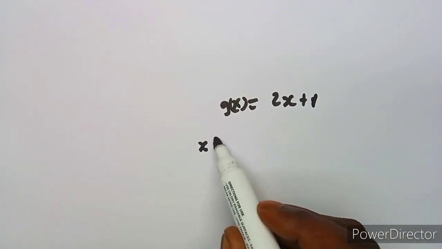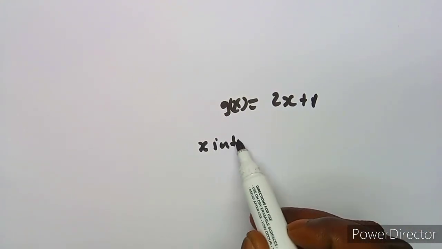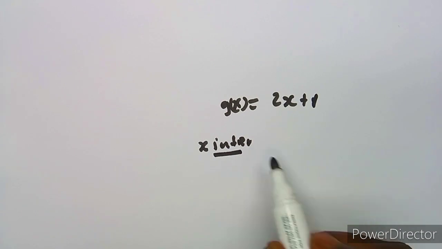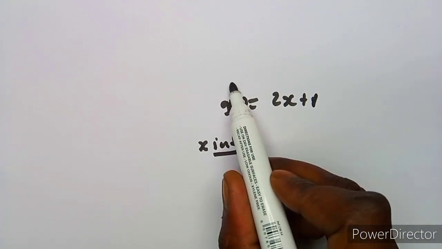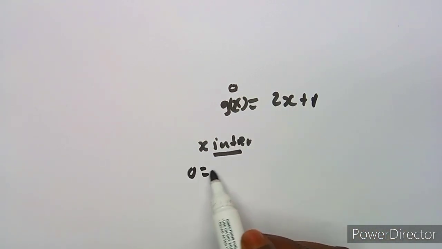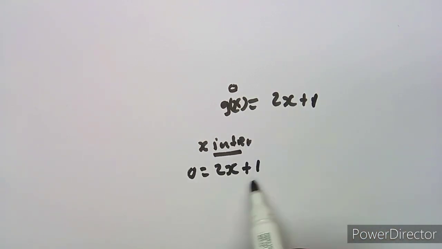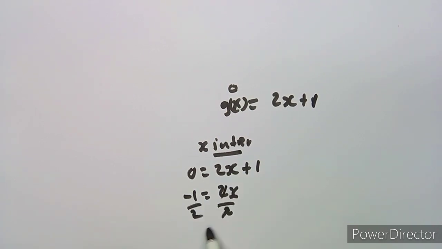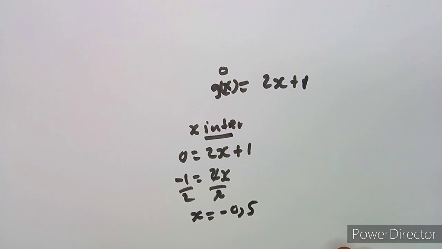For the x-intercept, we know that y is equal to 0. So 0 is equal to 2x plus 1, so -1 is equal to 2x, divided by 2 on both sides. So x is going to be -0,5 or -half. Okay, that's the value of x.